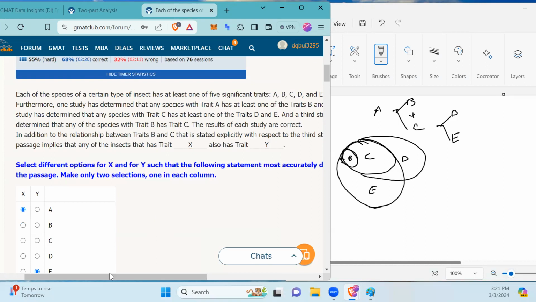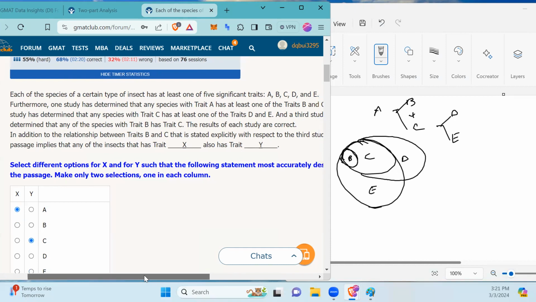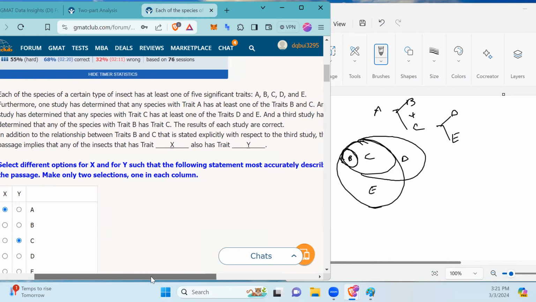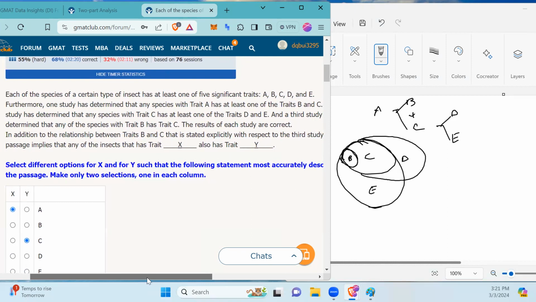C. Why C? Because A has either B or C or both B and C. We all know that all B's also have C.